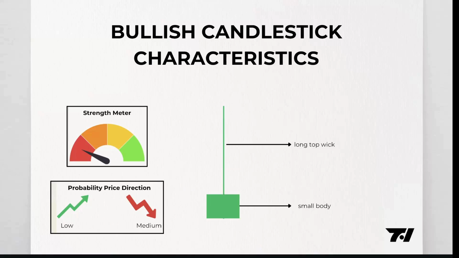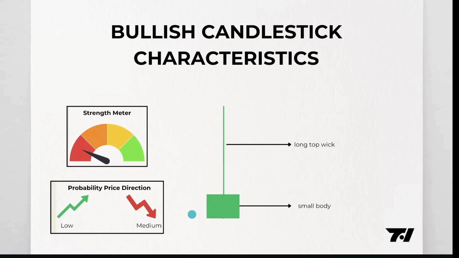And the next one is an example of a bullish candle with a small body, but at the bottom, and a long top wick. Now I want you to visualize this with me. So price opens here. It has no movement down, but it moves all the way up, and then it got rejected, and it closed quite close to the opening.